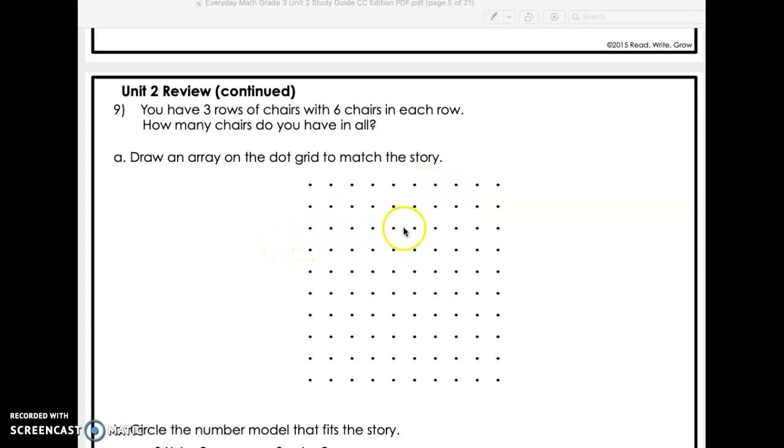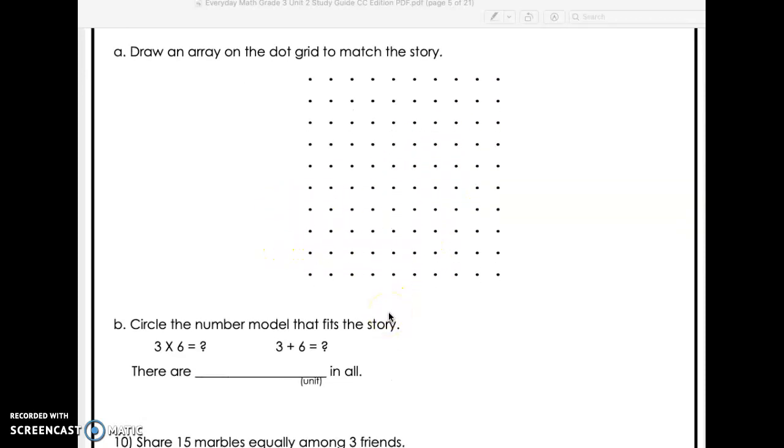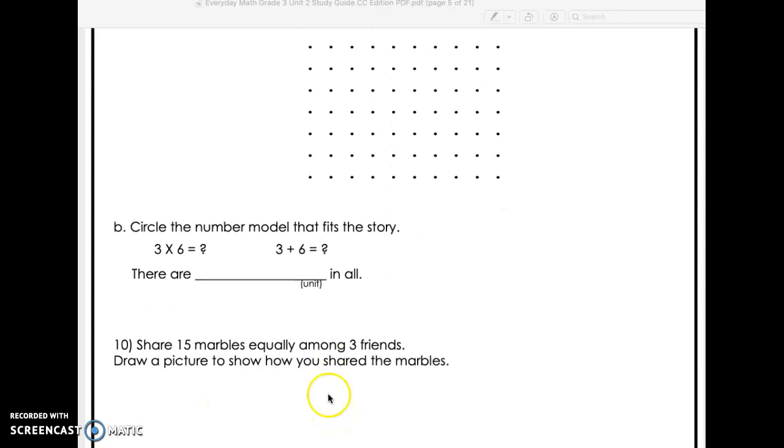You're going to make an array. And then it says circle the number model that fits, 3 times 6 or 3 plus 6. When we do an array, it is times. So we're going to circle the times. And then you're going to figure out what is 3 times 6, which is 6 plus 6 plus 6. So figure it out and put that in here.